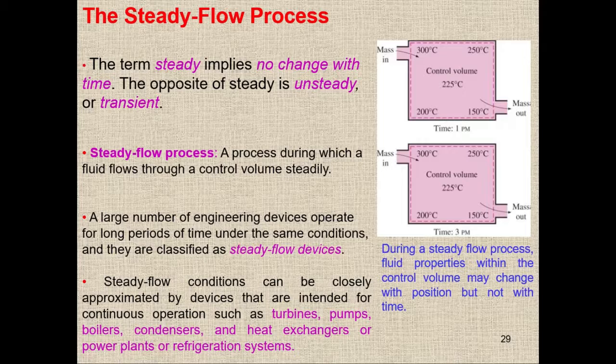Taking the same example, if the water is coming from here at 300 degrees Celsius, it should be 300 degrees Celsius here and 300 degrees Celsius here, because we're talking with respect to location. So uniform flow is with respect to location, while the steady flow process is with respect to time. So please don't confuse them.